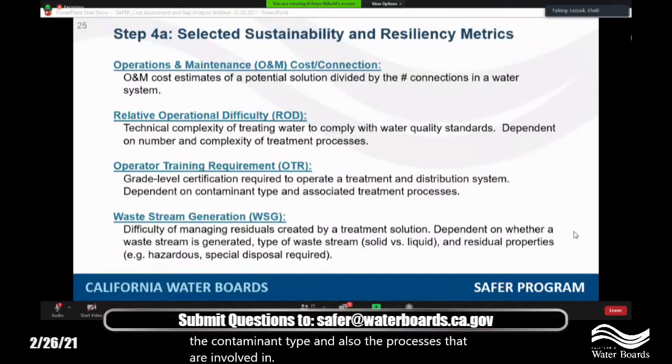And finally, we have waste stream generation, which is a measure of a solution's environmental sustainability. And it refers to the difficulty of managing the residual byproducts that are created by a treatment solution. And this depends on numerous factors, such as whether a waste stream is generated in the first place, the type of waste stream, but also the properties of the residuals being produced. Next slide, please.